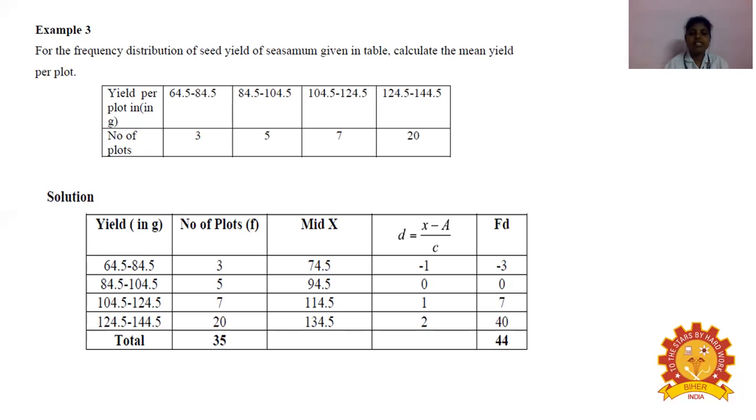Next multiply 7 into 1 equals 7. 20 into 2 equals 40. Now find the summation value of fd. Adding all the values in the fd column, we get 44.